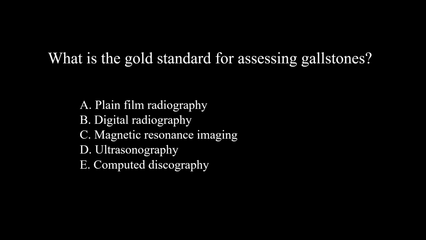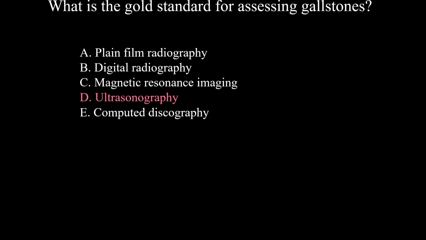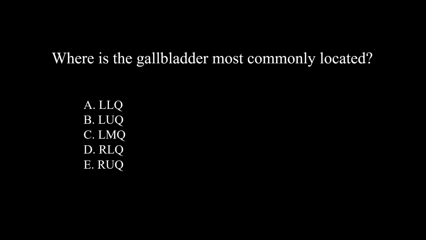Alright, so that was a good amount of examples of gallstones there. Let's try a few questions. What is the gold standard for assessing gallstones? And the correct answer is ultrasonography. Where is the gallbladder most commonly located?